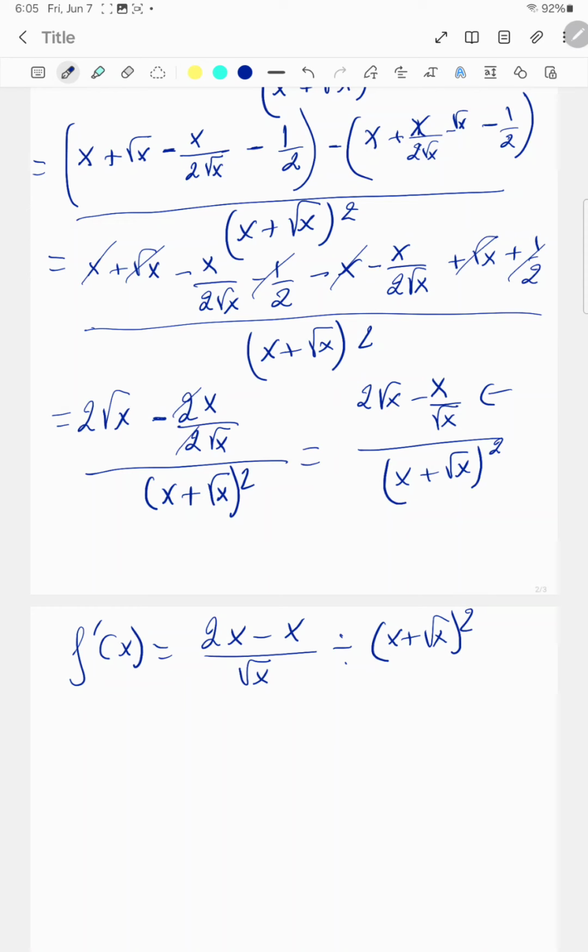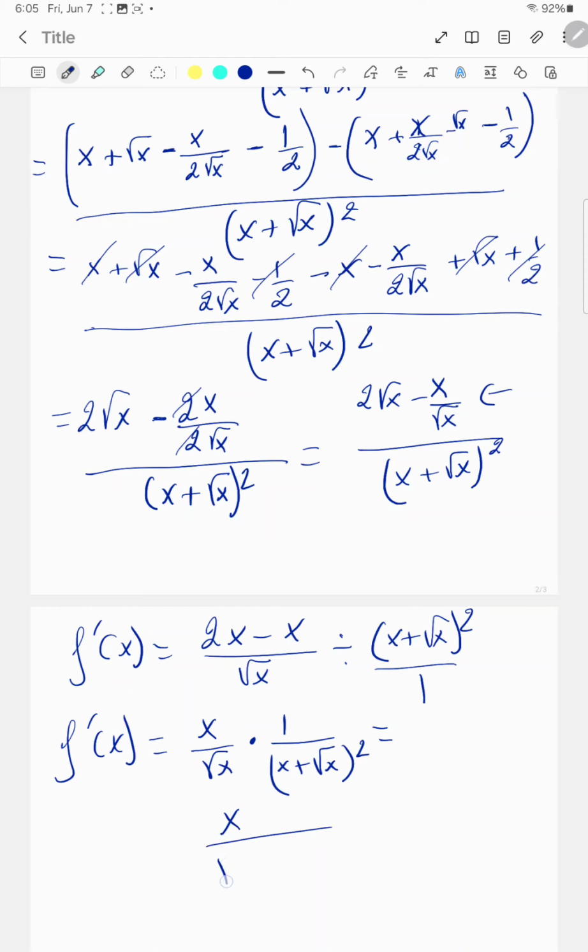So now it becomes 2x minus x, which is x, divided by square root of x, multiplied by 1 divided by x plus square root of x squared, which is equal to x divided by square root of x times x plus square root of x squared. So that's the first equation.